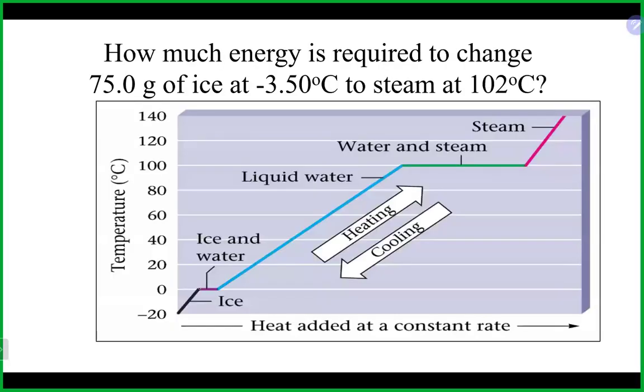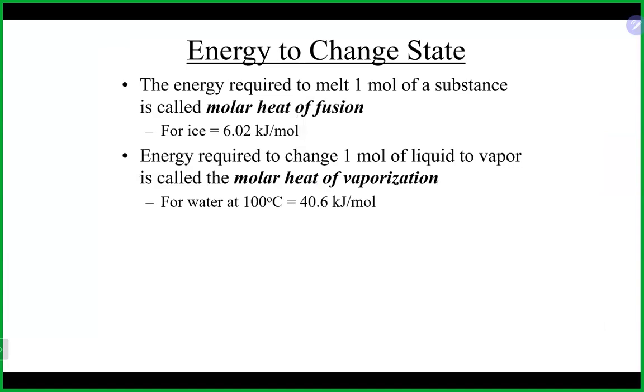So that's basically this transition, not changing the temperature, but just simply taking it from one phase to the next. And that energy required to do that is known as the heat of fusion, sometimes abbreviated as the delta H of fusion.